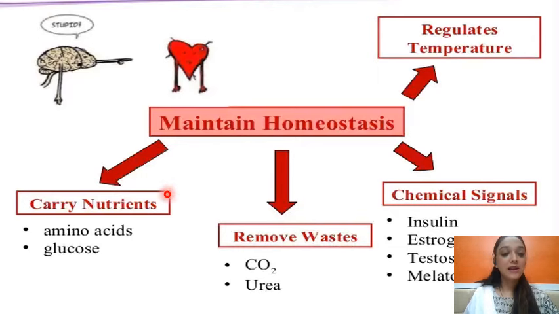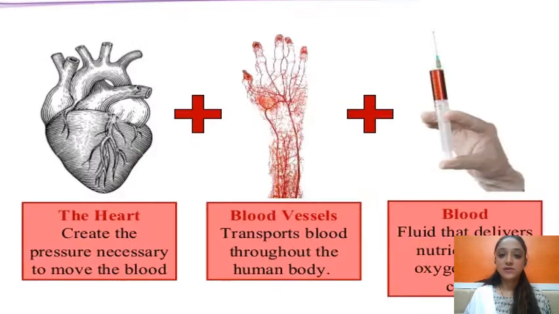Because it helps in carrying the nutrients to each and every part of the body. It helps in removing the waste, that is carbon dioxide as well as urea. And it also helps in transporting our chemical signals, that is hormones, to each and every cell of our body.